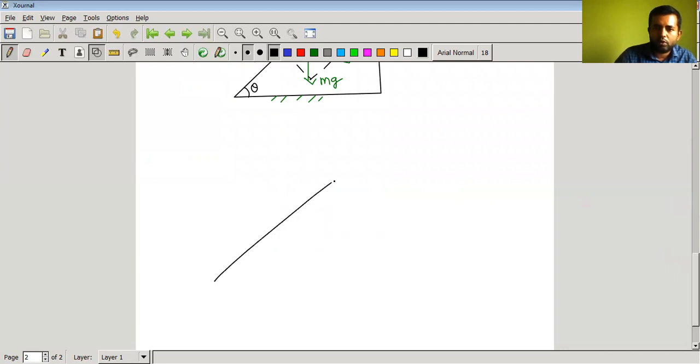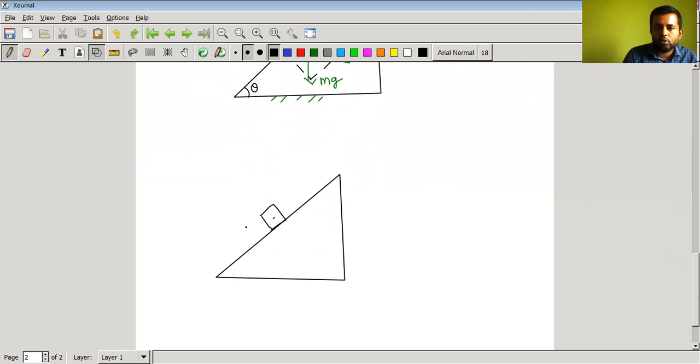Okay, now let us resolve it along the horizontal and vertical. So let us draw one incline first, and this time we are going to resolve the forces differently. Let us say this time we are choosing the normal axis.